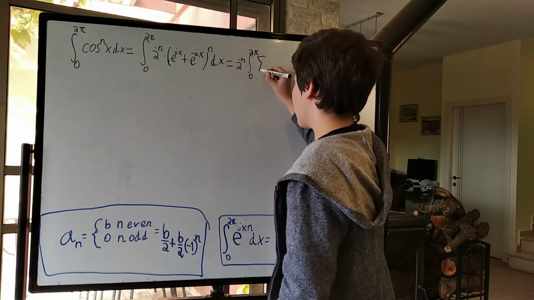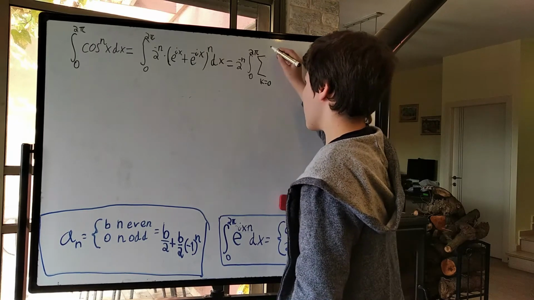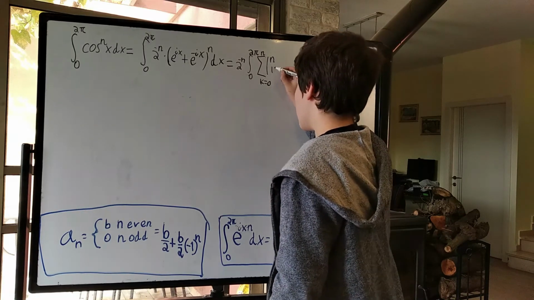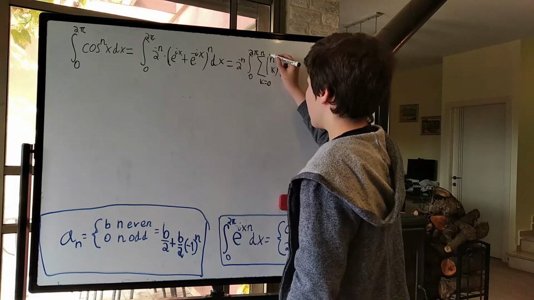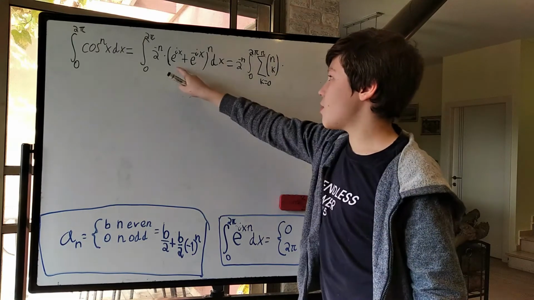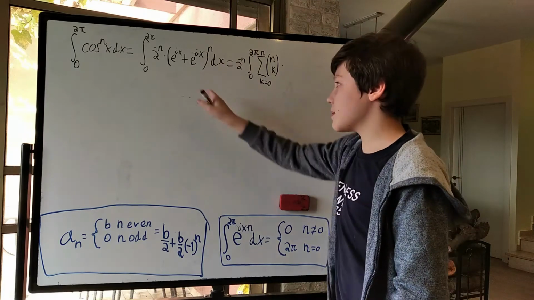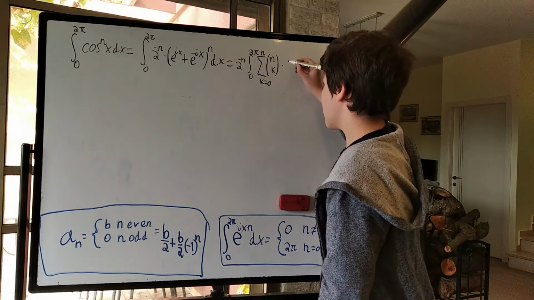Now we're going to have the sum as k goes from 0 to n of n choose k times this to the k times this to the n minus k.